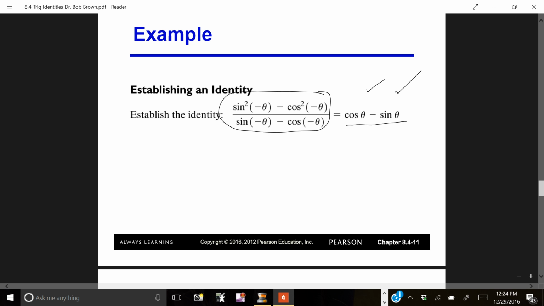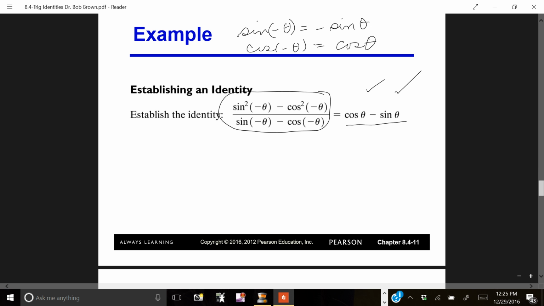Let's use the even and odd identities for sine and cosine to simplify what we see. Notice that sine of minus theta equals minus sine of theta, and cosine of minus theta is equal to cosine of theta.